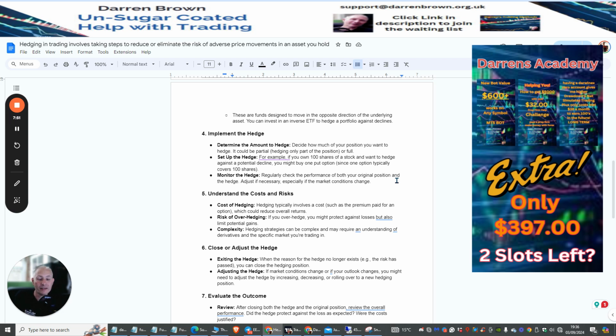Understand the costs and the risks. Cost of hedging typically involves a cost such as a premium paid for an option, which could reduce overall returns. Risk of overhedging: if you overhedge, you might protect against losses but also limit your potential gains.